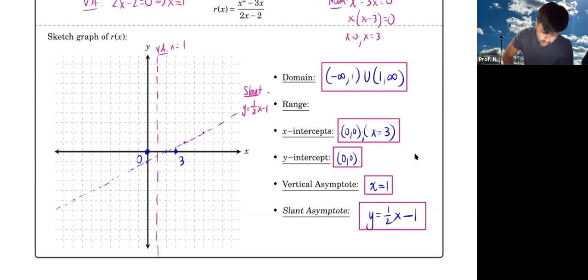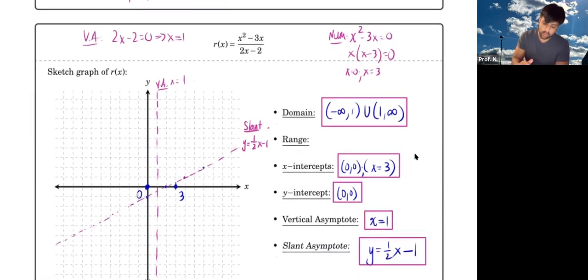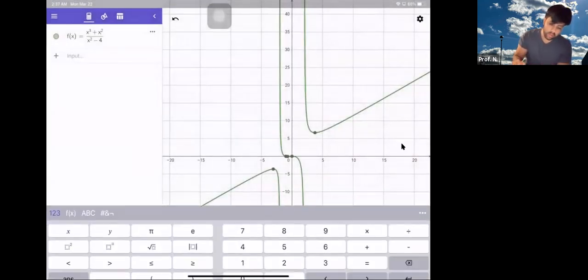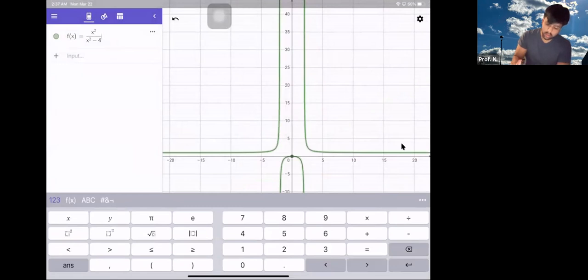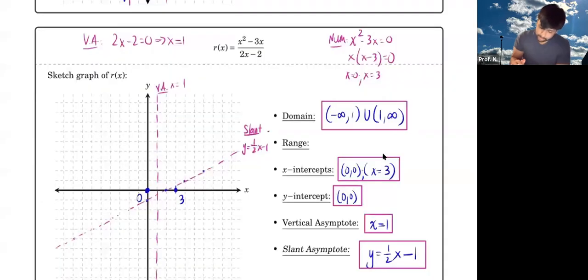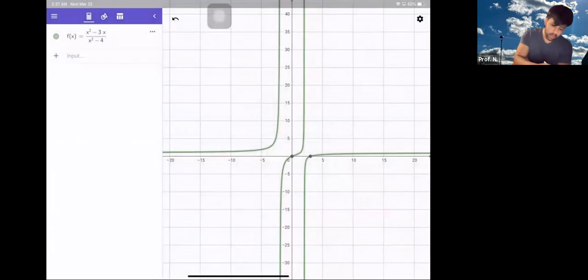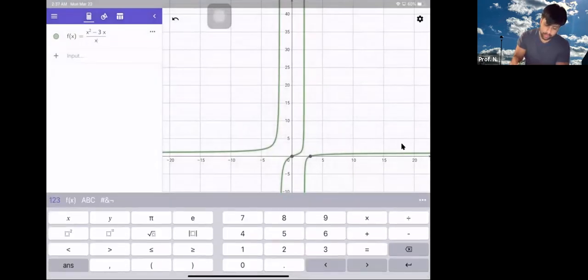And just to give us a better idea, it's good to graph. So let's graph x squared minus 3x over 2x minus 2.